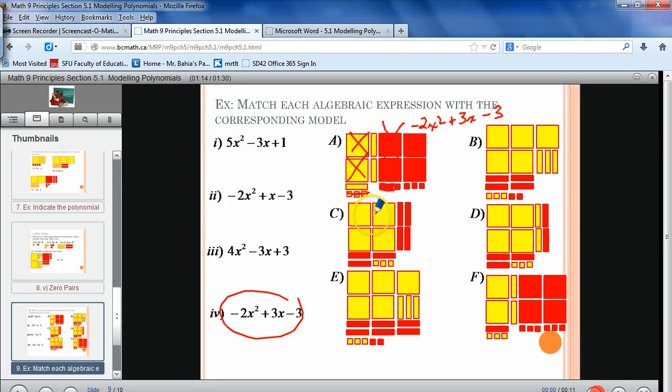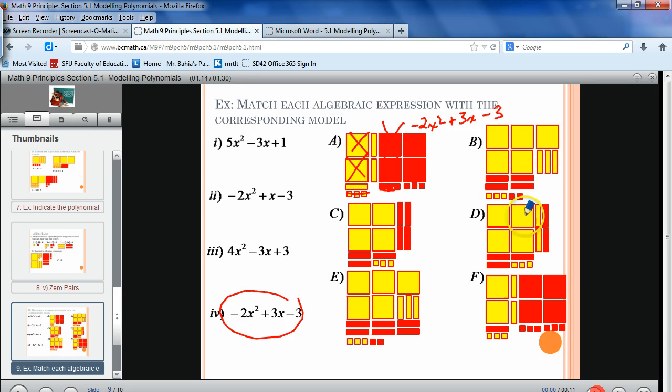How about this one here? Does this one match up with anybody? This would be positive 4x, so it could be this one. And then we've got 1, 2, 3, 4, 5, 6, 7 negatives, and a second negative x's. No, none of these, so that one is not that one. Let's keep looking for who this could be. Could it be this one? No, that's not right. How about this one here? Nope.